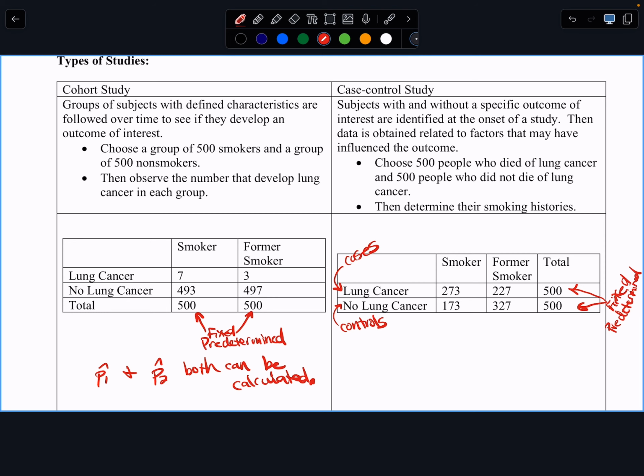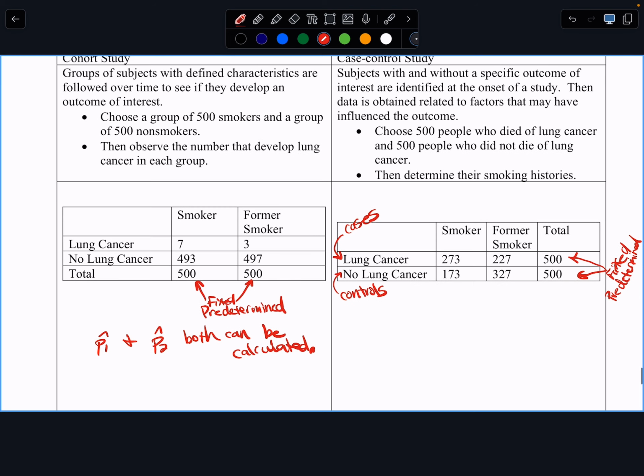Now, if I wanted to calculate P1 hat, that would be related to the probability of getting lung cancer given that you are a smoker.